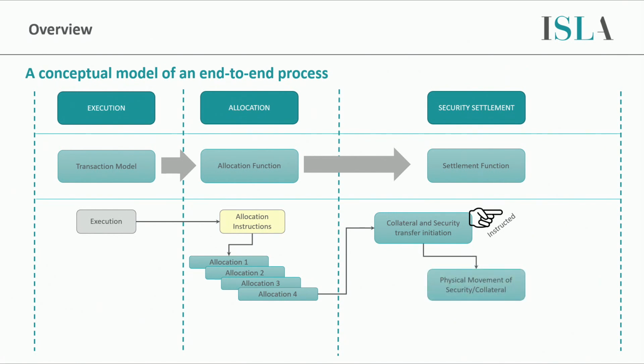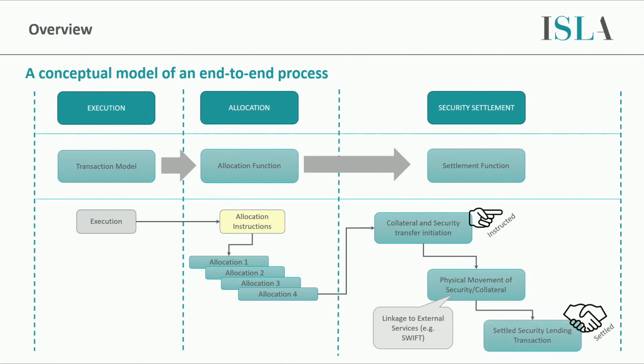Through existing industry infrastructure, the physical movement of the security and collateral is achieved. And finally, the securities lending transaction can be marked as settled, indicating the completion of the workflow.